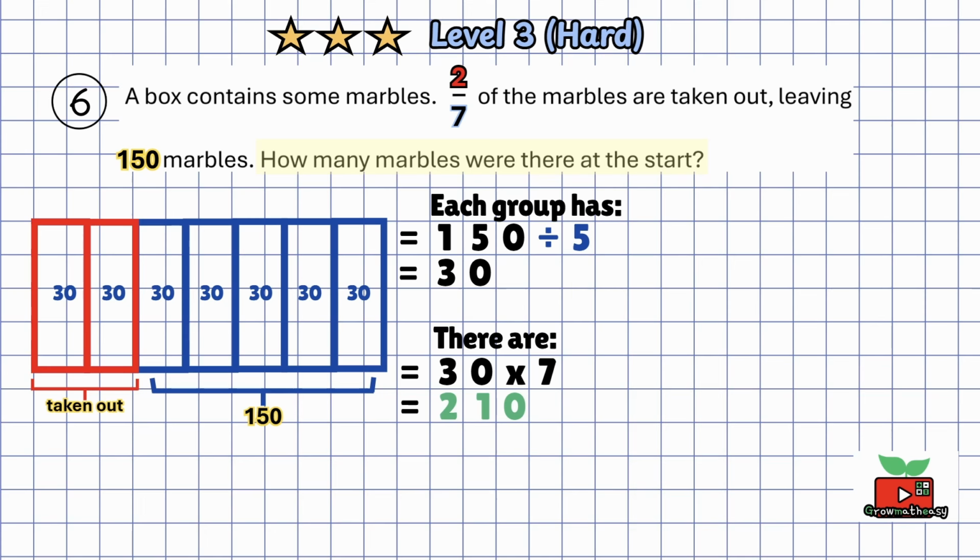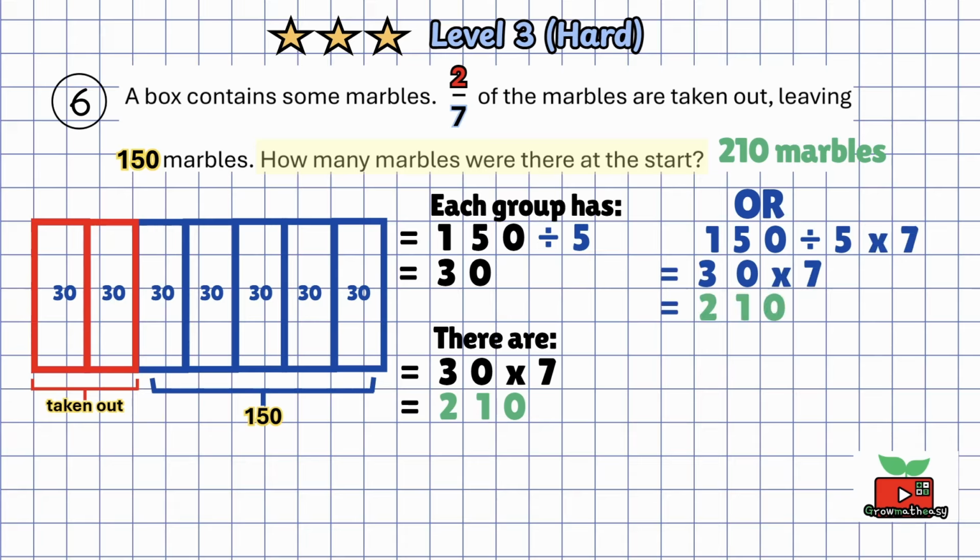That means there were 210 marbles at the start. Or, if you like, you can do it in one simple expression, 150 divided by 5, then multiply by 7. We've got the answer, 210. Either way, you get the same answer. See? Step by step makes tricky word problems easy.